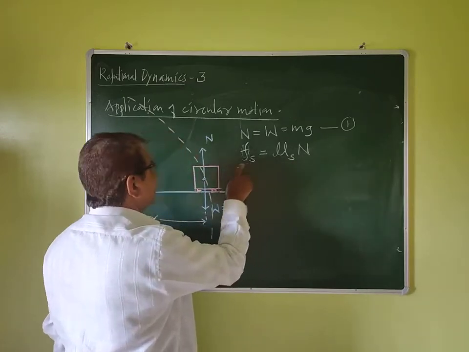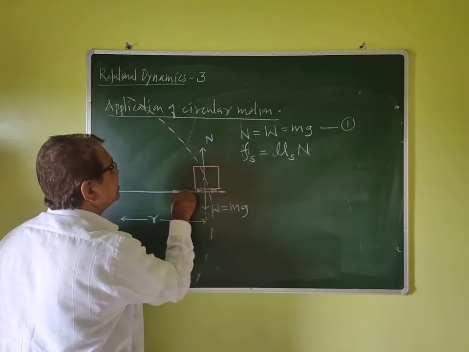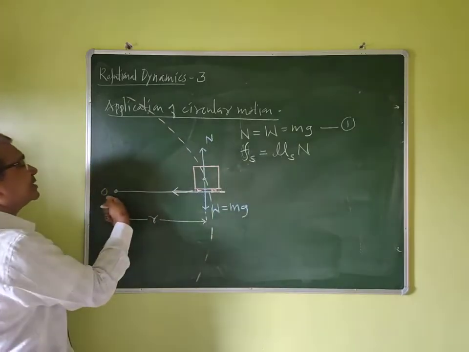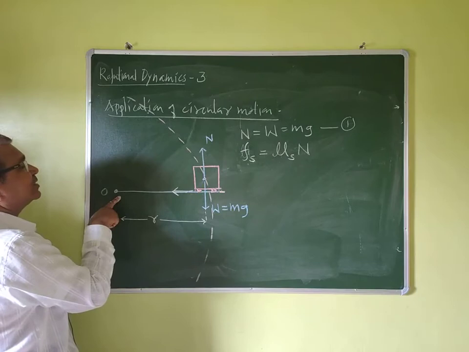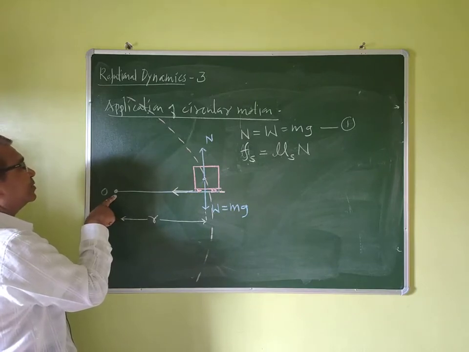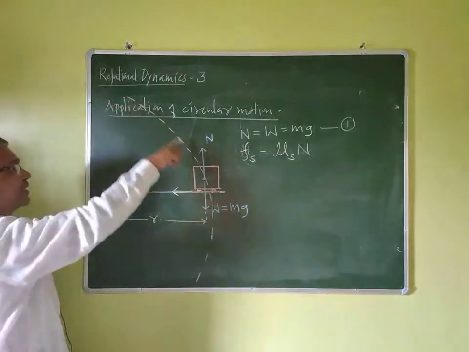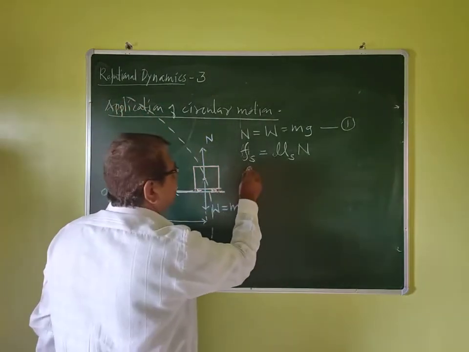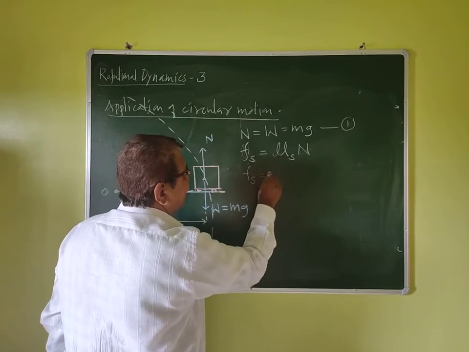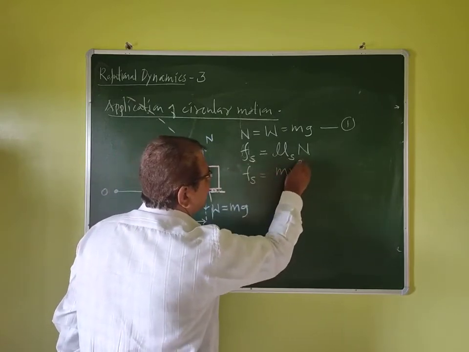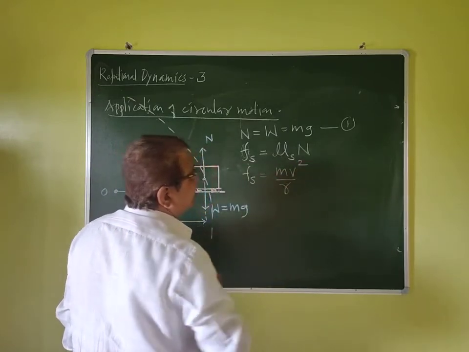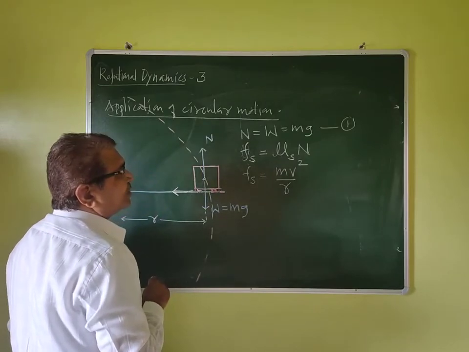This force of friction is acting like this, which is towards the center of a curved track or circular track. So this force of friction is acting as a centripetal force. So I will take only the magnitude form of centripetal force.